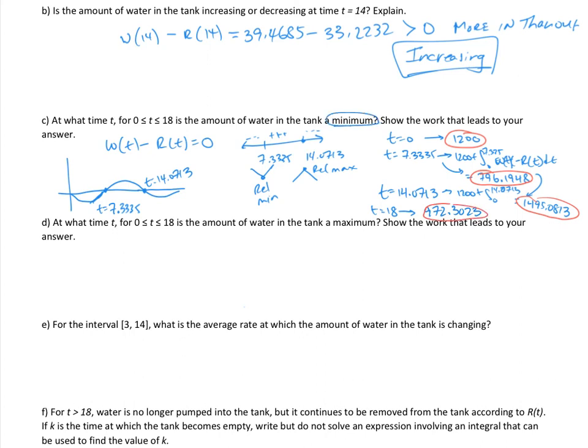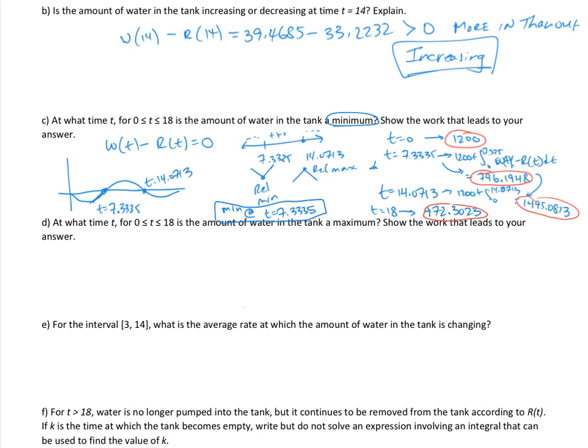That's what this problem is asking, and that minimum is going to occur right here. So the minimum is at t equals 7.3335, and our justification is because we found the critical points and we tested all the endpoints.